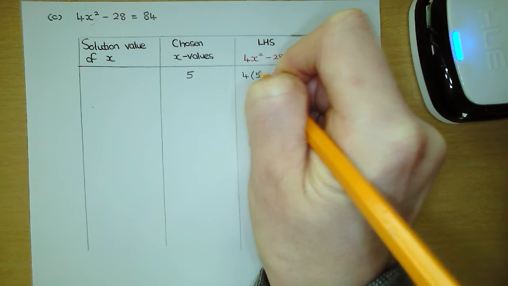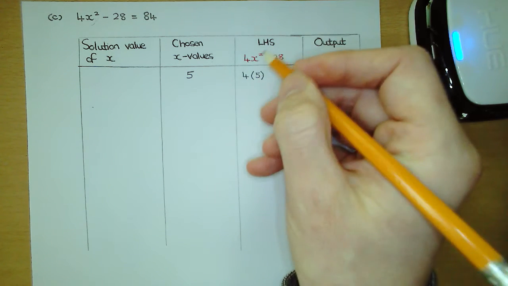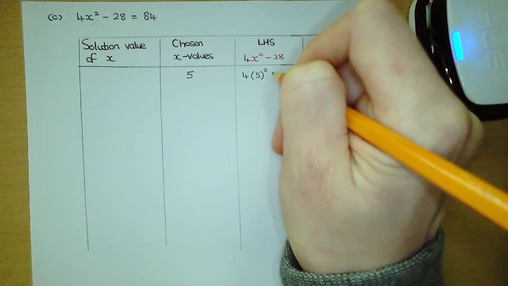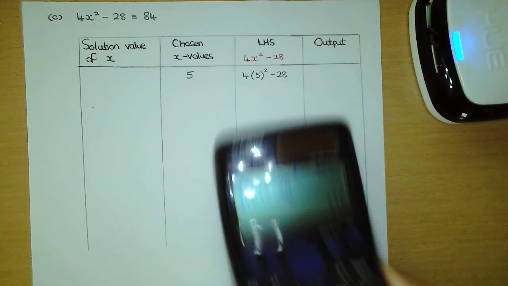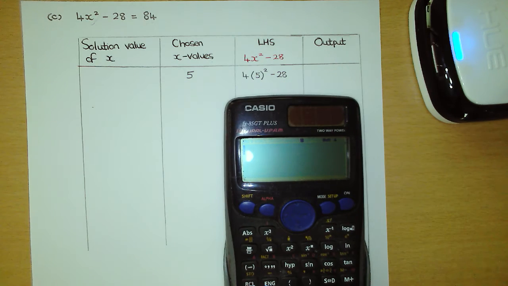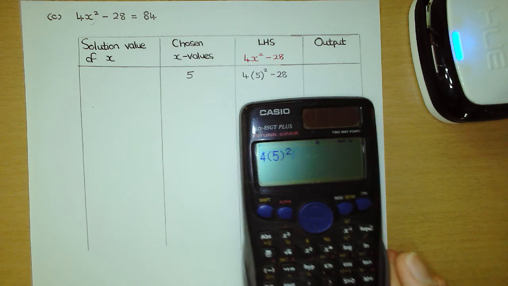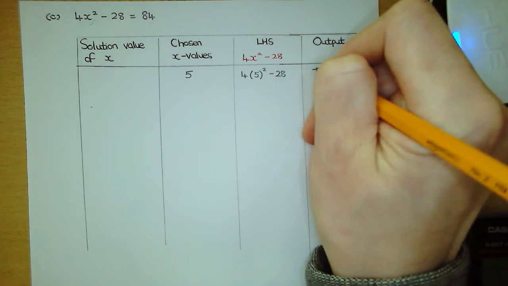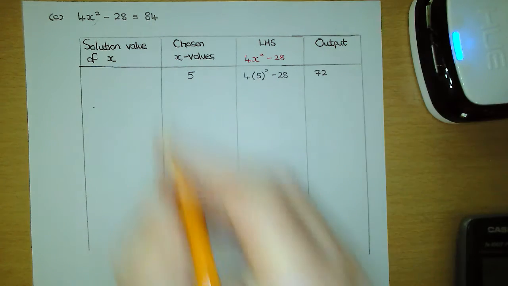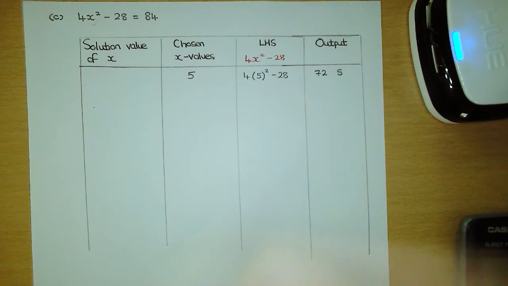Again, make sure you use brackets when you sub a number in that has a power. And again, you can type that on our calculator. We did it mentally there at the start, but we'll type it in again. So that's going to give you an output of 72, which is smaller than the target number.